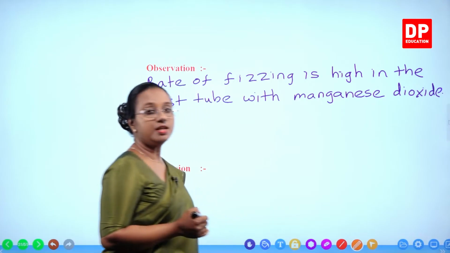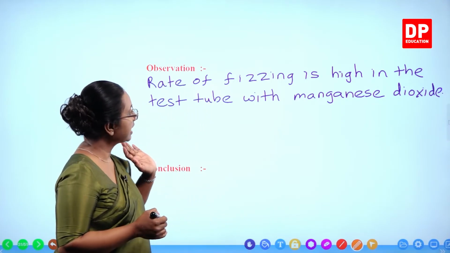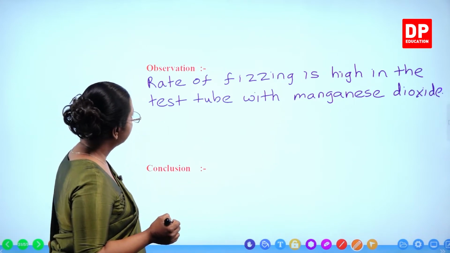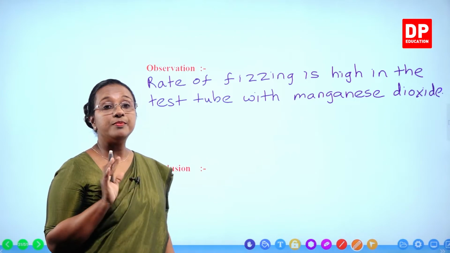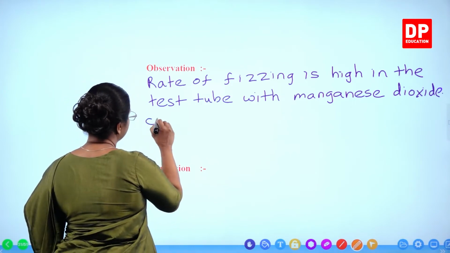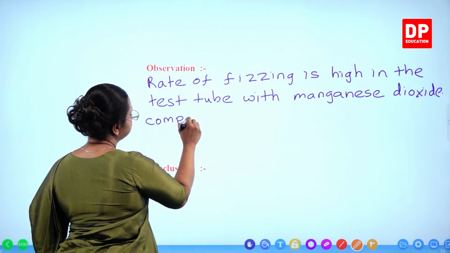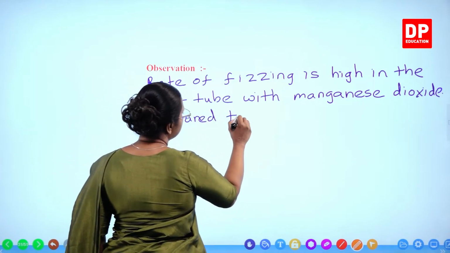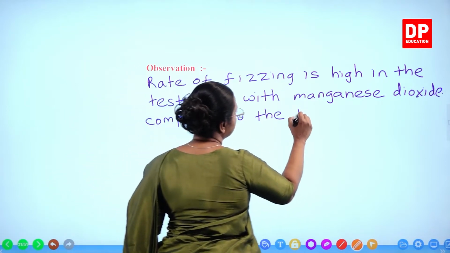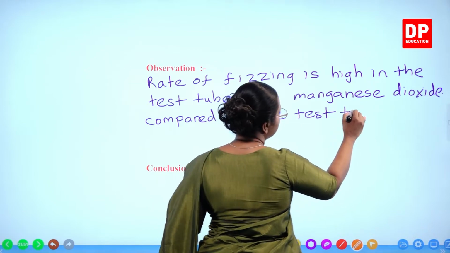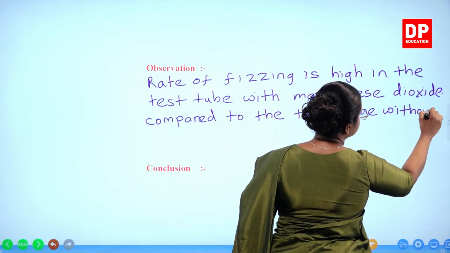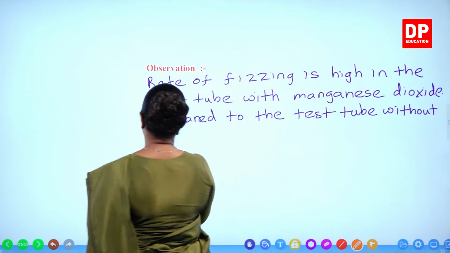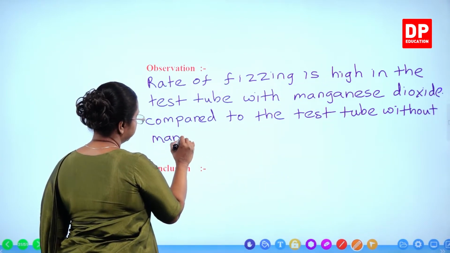So that was the observation. Rate of fizzing is high in the test tube contained with manganese dioxide compared to the test tube without manganese dioxide.